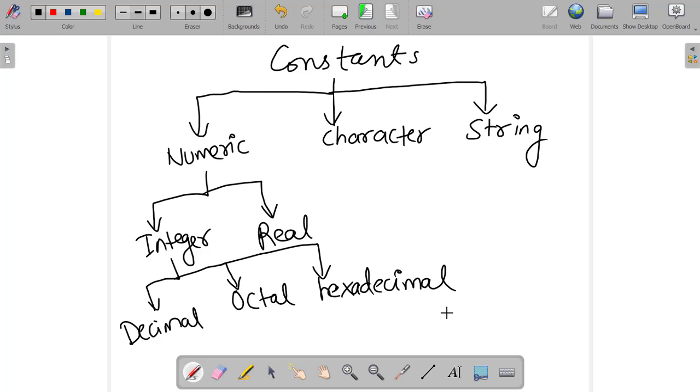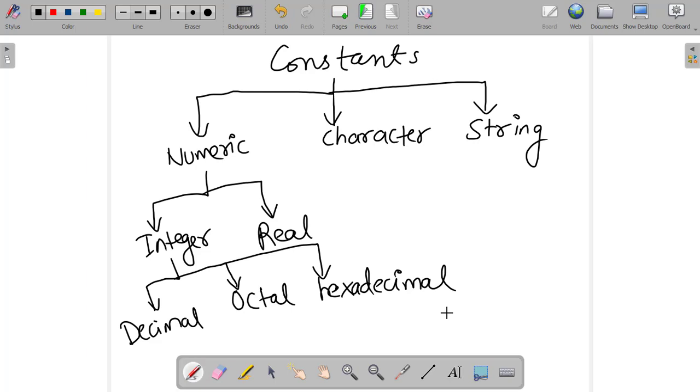And the numeric is divided into two parts, the integer constant and the real constant. Integer constant, I think it is pretty much clear. Like we have the numbers, the negative numbers, positive numbers, 0. So that is integer constant.